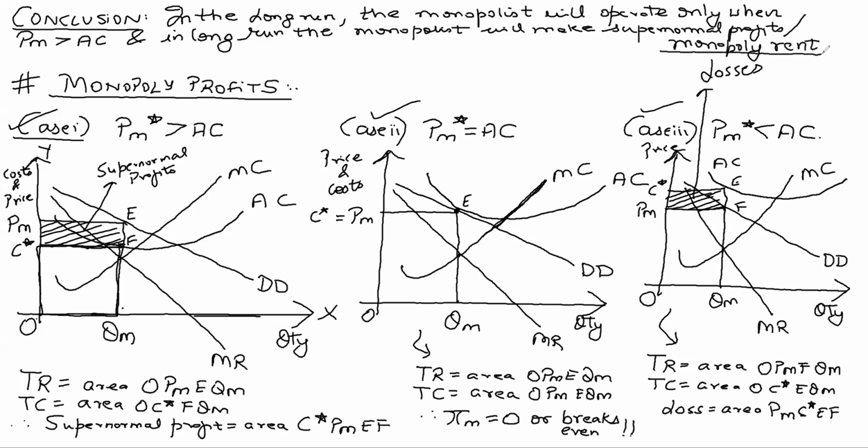Supernormal profit is also called monopoly rent. So the monopolist will operate in the long run only when it is making supernormal profits. Otherwise, the monopolist will not operate. The monopolist will not operate to break even or to make losses. The monopolist will operate only to make supernormal profits.